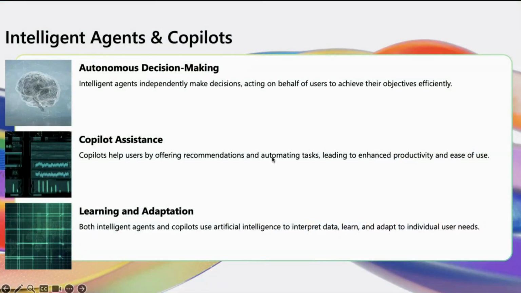So, team, many of you must have already explored Copilot as your assistant. But now, when we are talking about agents, agents are not just limited to being an assistant. These are going to help us take decisions. These agents can independently make decisions. They can complete any task for you, right?